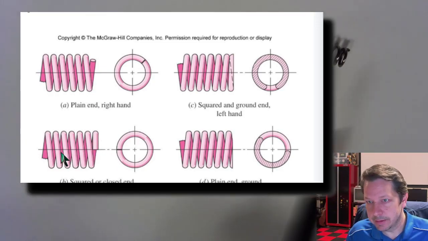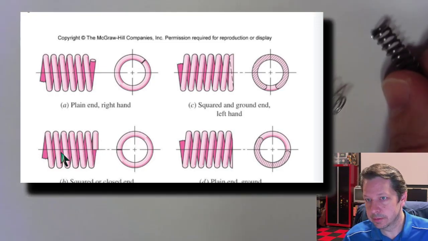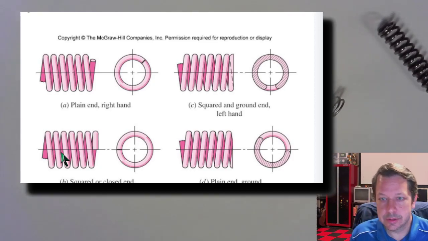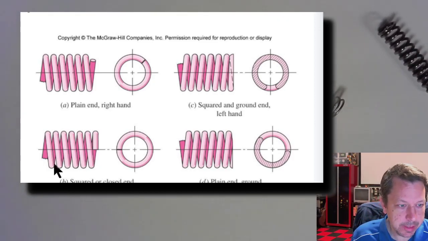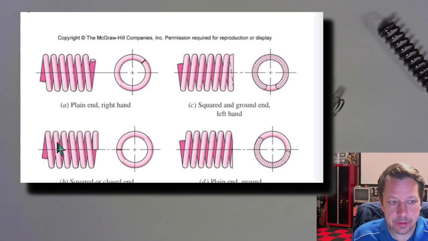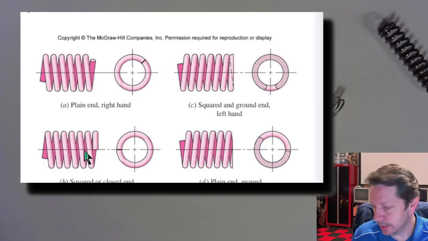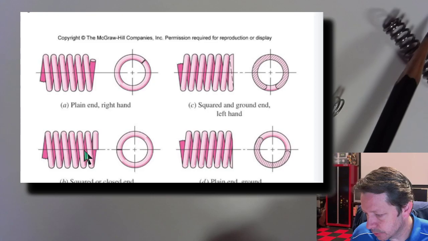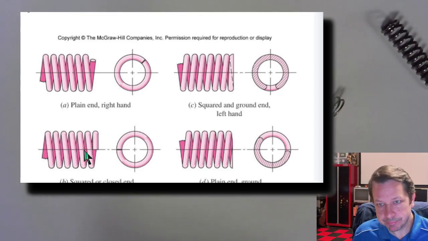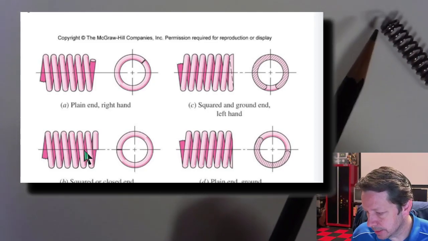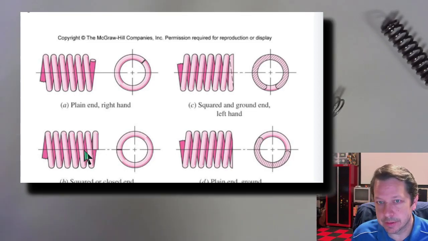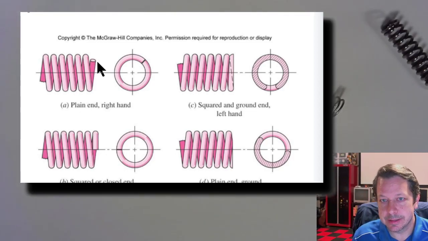These that we have over here are more this squared or closed end, meaning they took that last round of coil and pinched it in to where it sort of sits flat. It doesn't have the part sticking out that would make contact on just one little point. They've kind of bent it in.